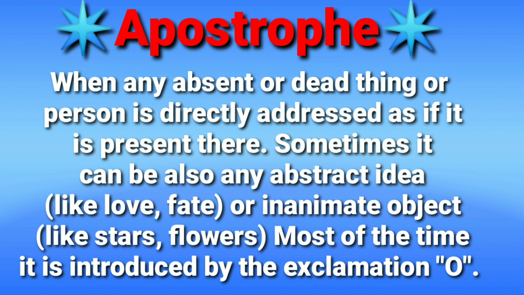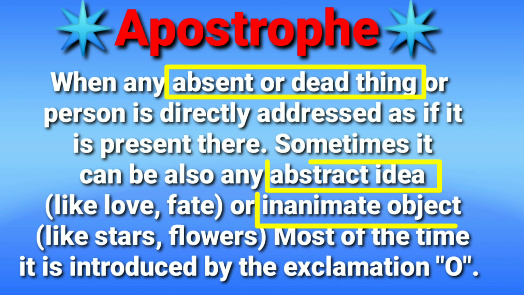Now, what is the important aspect of that definition? The very first aspect is, it should be an absent or dead thing, or it should be an abstract idea or inanimate object. And that absent or dead thing should be directly addressed.